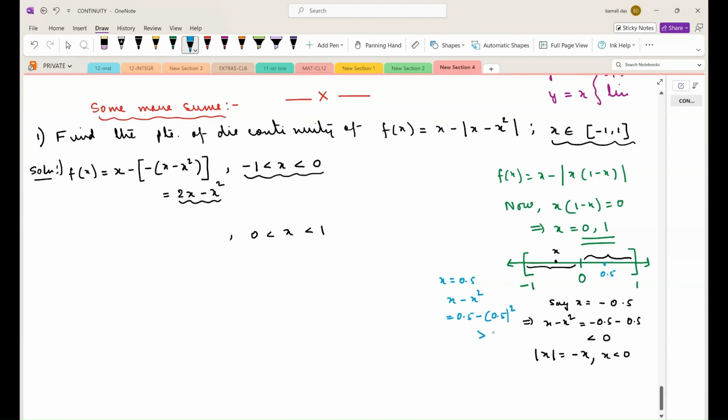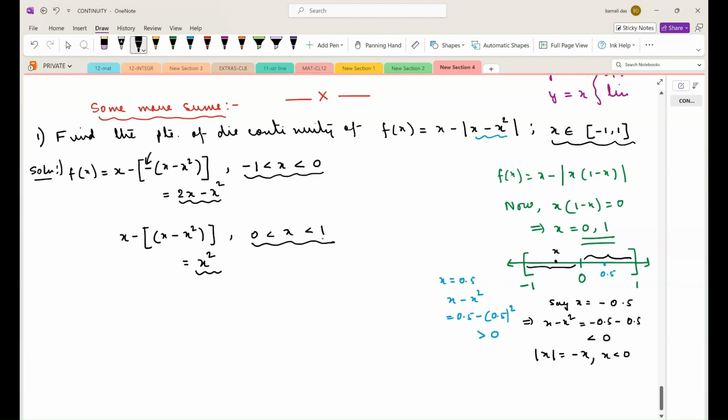So this is positive. That means when x lies between 0 to 1, the expression within the mod is positive. So it will come out with a positive sign. Just as here it had come out with a negative sign, this time it will come out with a positive sign. So x plus x minus x square, that means this is equal to just x square. So the second branch of the function is x square when x lies between this.